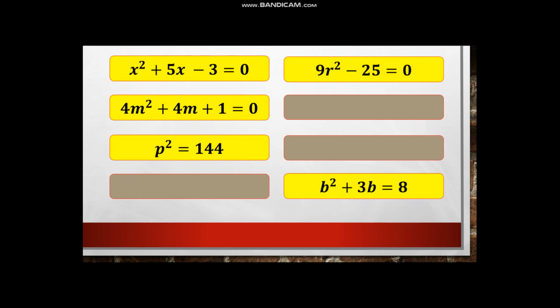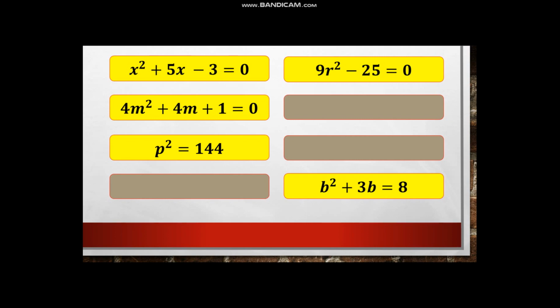We have p squared equals 144. We have also 9r squared minus 25 equals 0. And we have b squared plus 3b equals 8. What have you observed on our given quadratic equations?